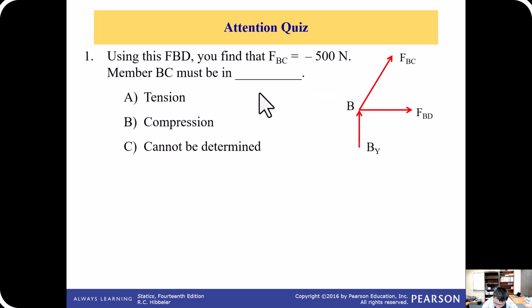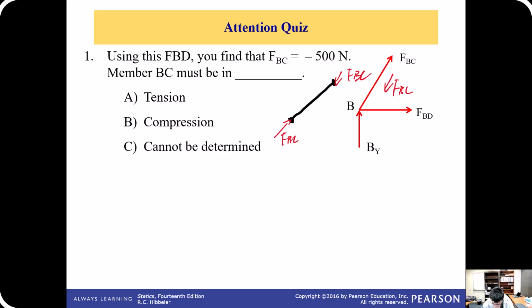In attention quiz 1, you found FBC is negative 500 Newton. Must the member BC be in tension or compression? So let's draw the figure.